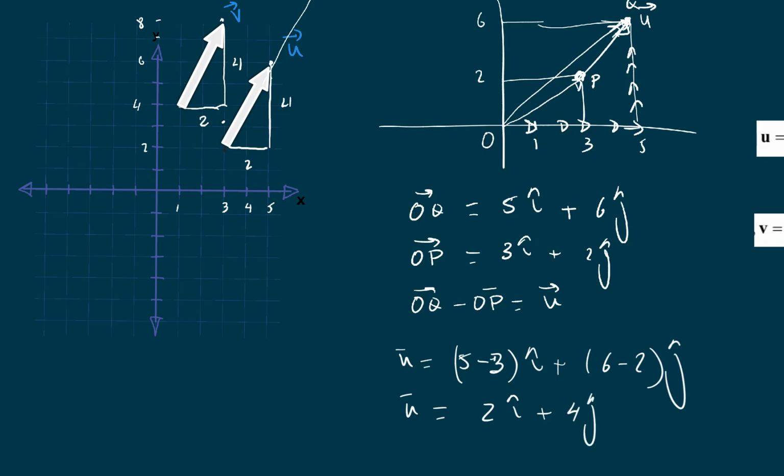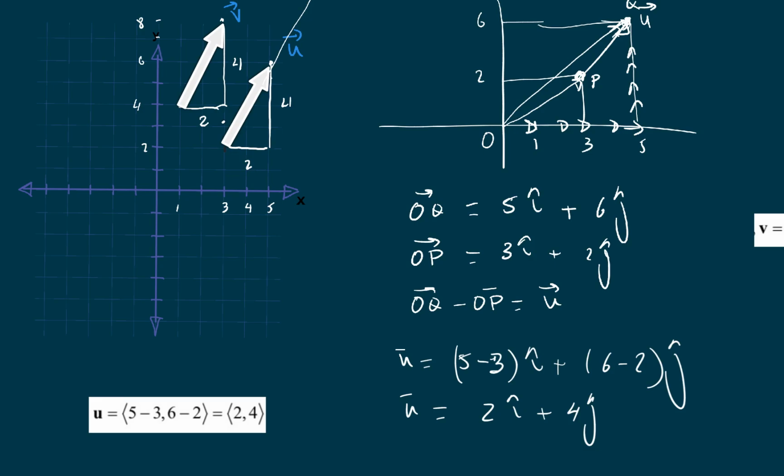If we do the same thing for the vector v, we will find that the vector v is made of 2i plus 4j. So they are equivalent because they have the same components. As a result, we learn that two vectors are equivalent when they have the same components. So we found the vector u, which is 2, 4.